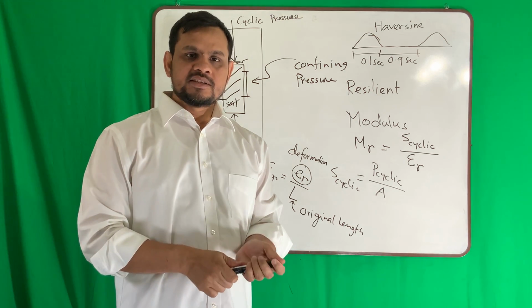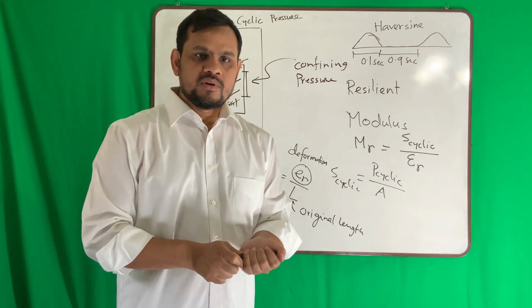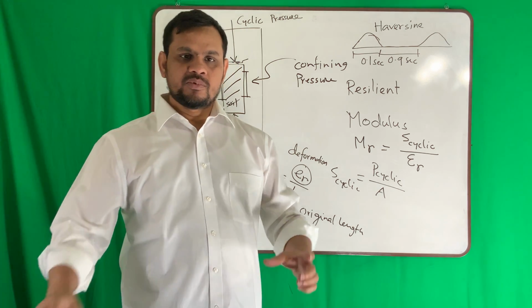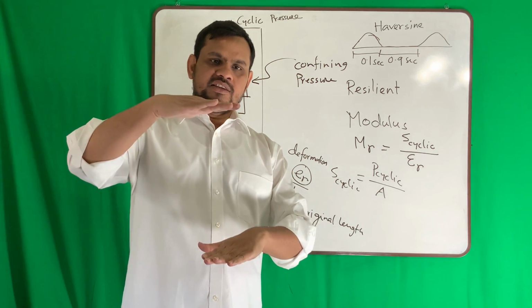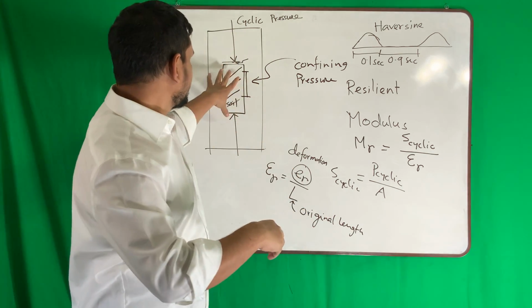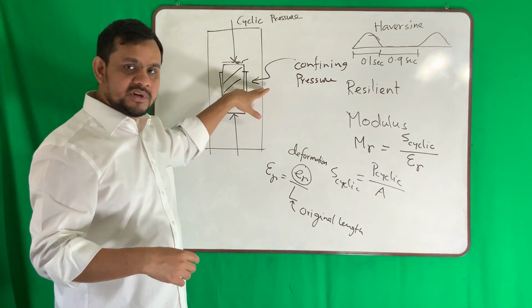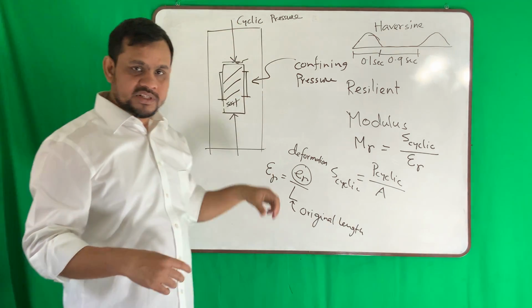If I summarize, we take a sample and compact it in our laboratory, make a cylindrical sample, whatever the diameter, length is twice, and place it inside a chamber where we can apply defined confining pressure and defined cyclic pressure.